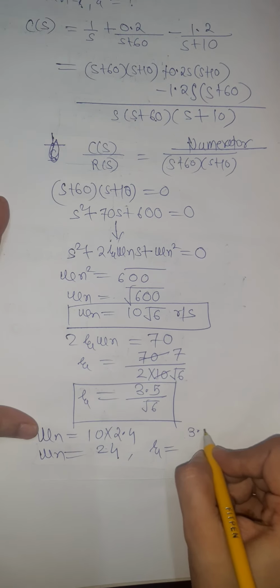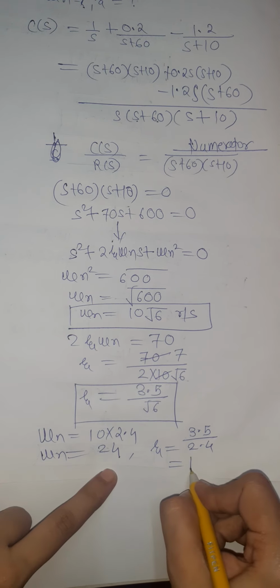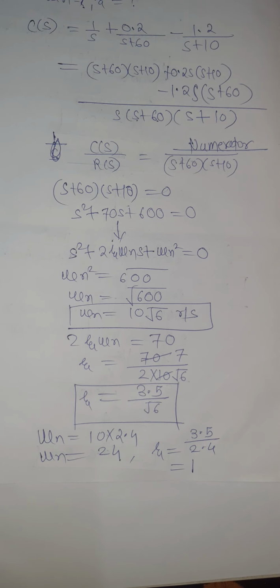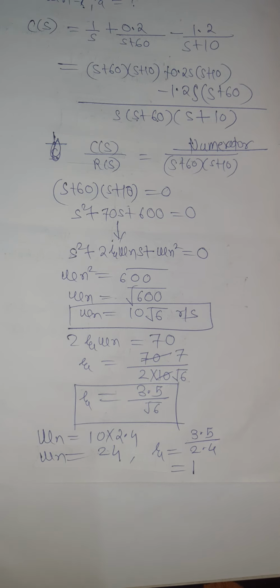and zeta value is 3.5 divided by 2.4. 24 ones are 24, 35 minus 24 is 11, and 24 into 4 is 96, 110 minus 96 is 14, and again 24 into 3 is 72.